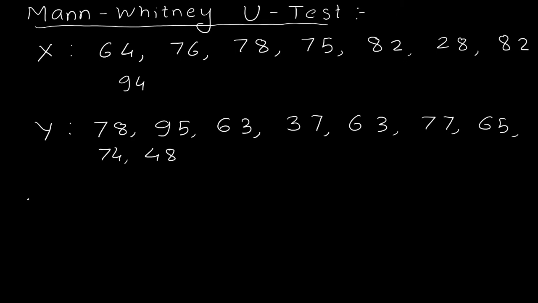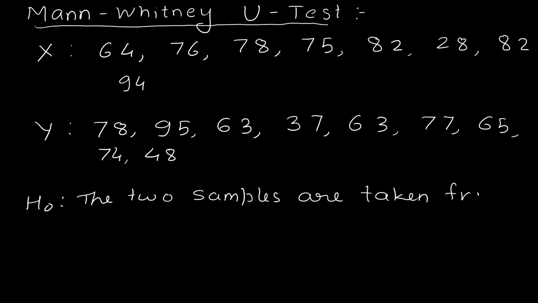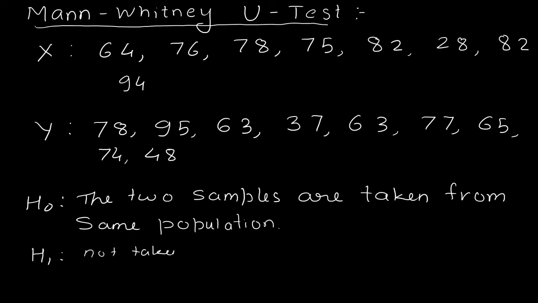So my null hypothesis will be the same for all the problems of this Mann Whitney U test: the two samples are taken from the same population. Now this is my null hypothesis. My H1, the alternate hypothesis, is that the two samples are not taken from the same population.